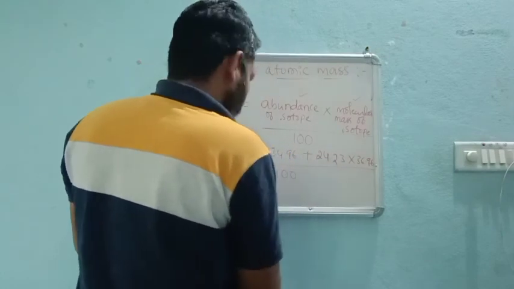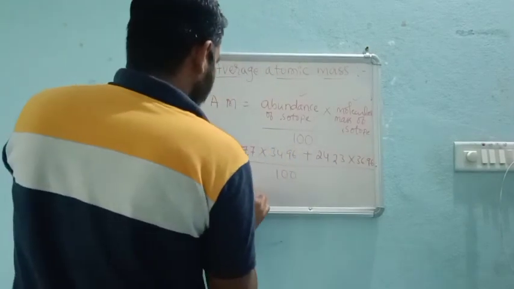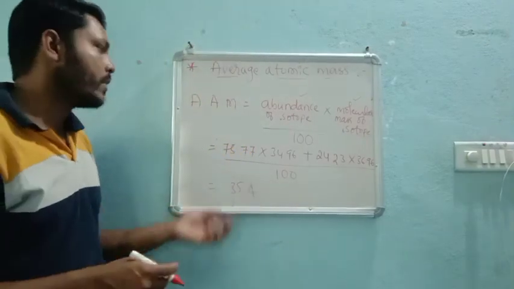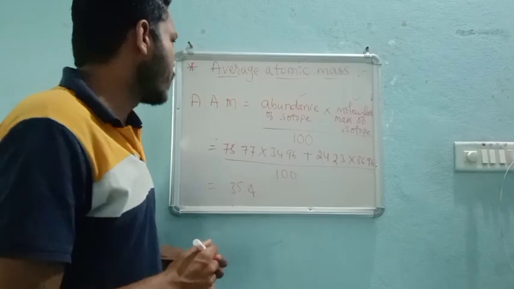If there are three isotopes, then add three times. So nearly you will get 35.4 atomic mass units. This is all about average atomic mass.